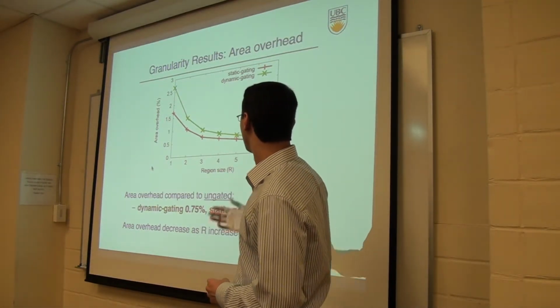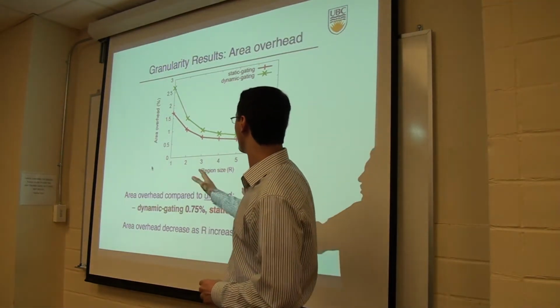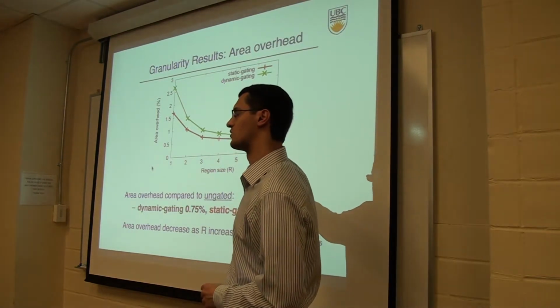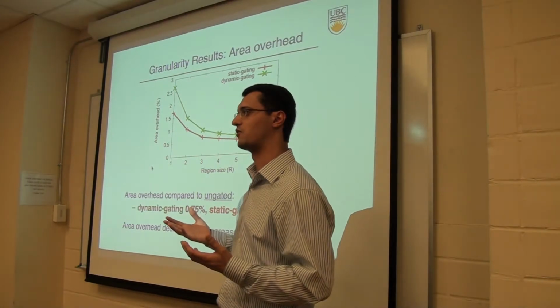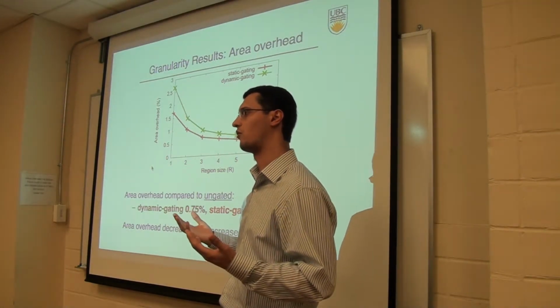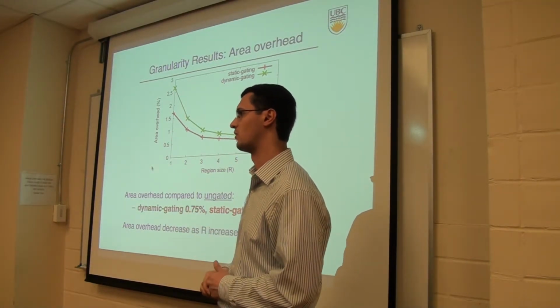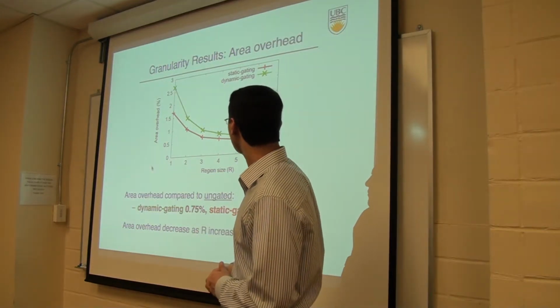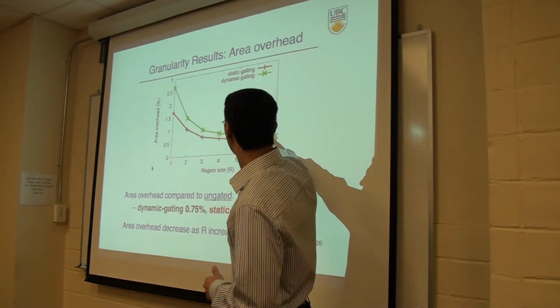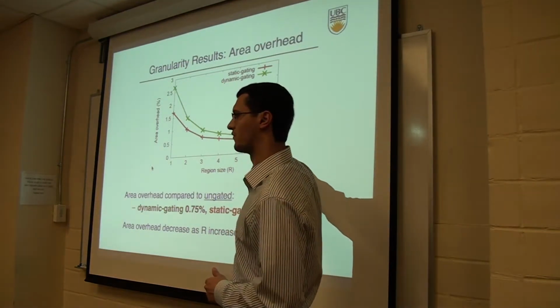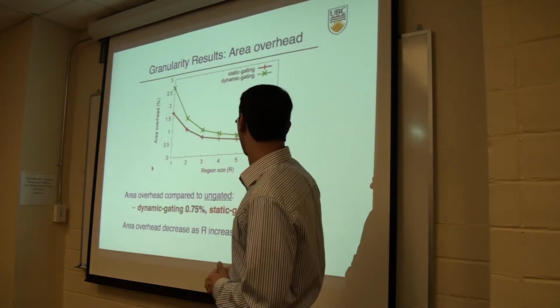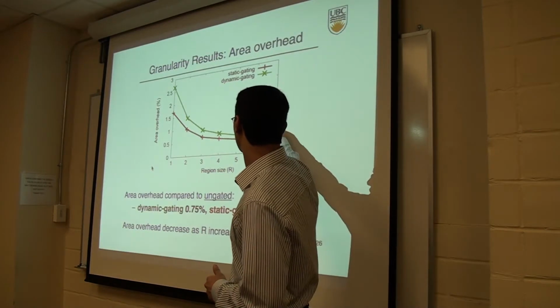So we can see that the area overhead is decreasing as we increase the region size, because more resources are sharing the same sleep transistor, and we were able to get rid of some of the multiplexers that we needed for one track. The overhead here between the dynamic and static gating architecture is very small, in this figure.